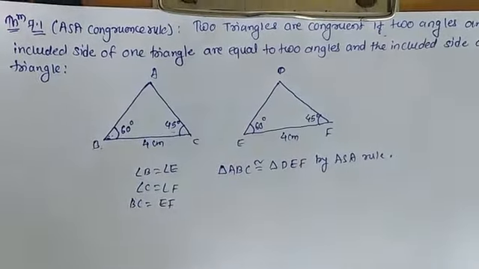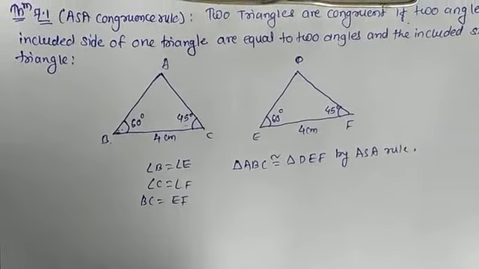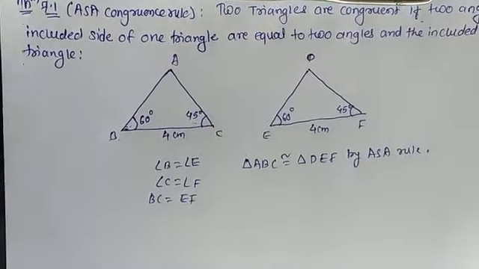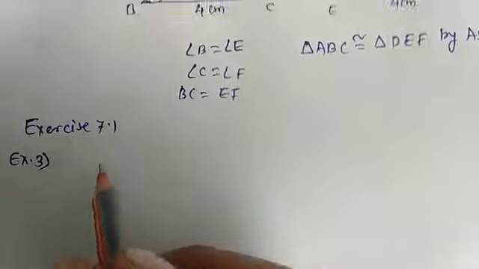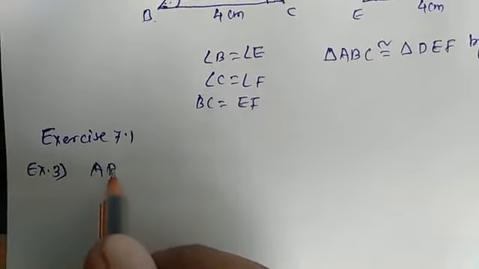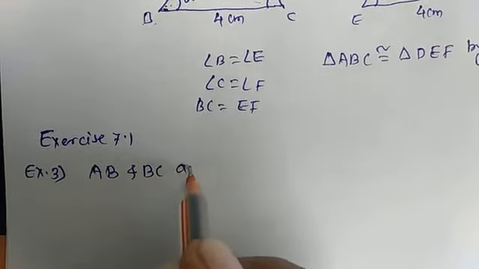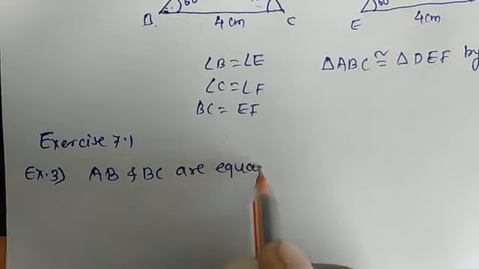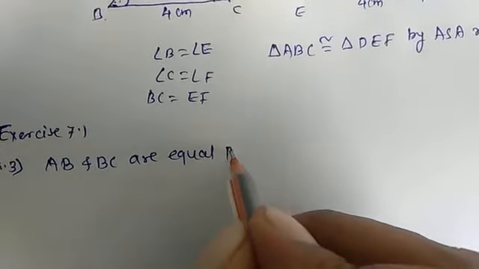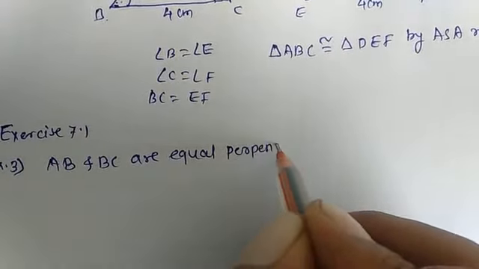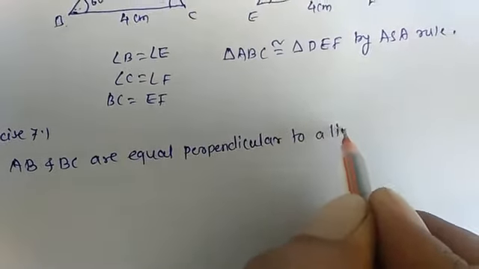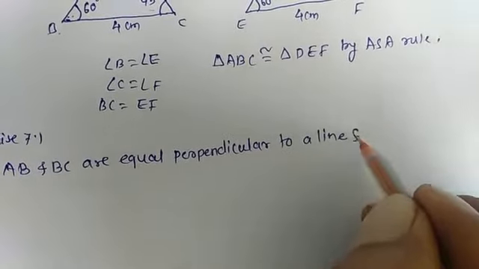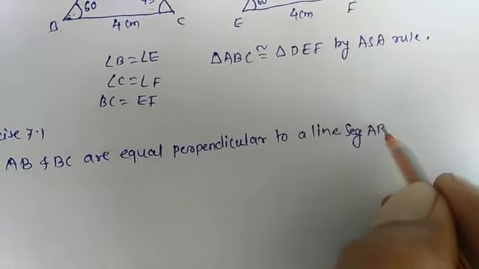Now we will see the examples related to theorem number 7.1. In exercise 7.1, consider example number 3, in which AD and BC are equal and perpendicular to a line segment AB.